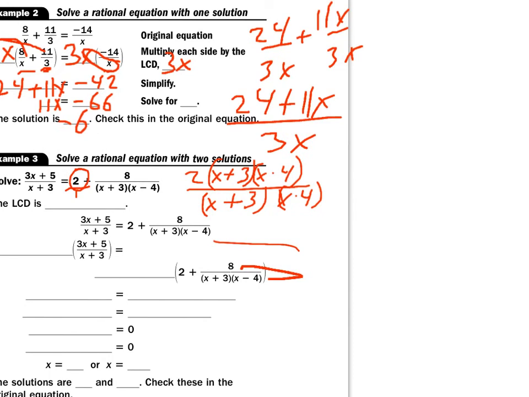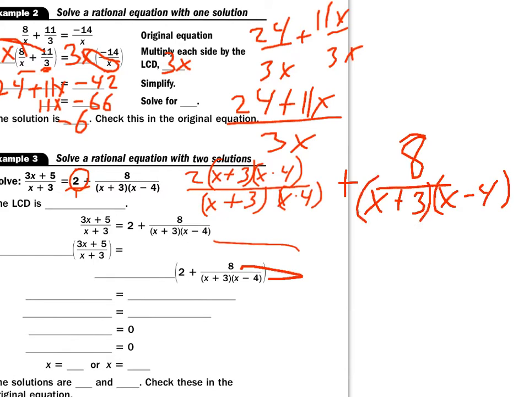So what I would have on the right side right away is 2 times x plus 3, x plus 4, x minus 4, plus 8 over that same thing, and now I have a common denominator, and I can add.